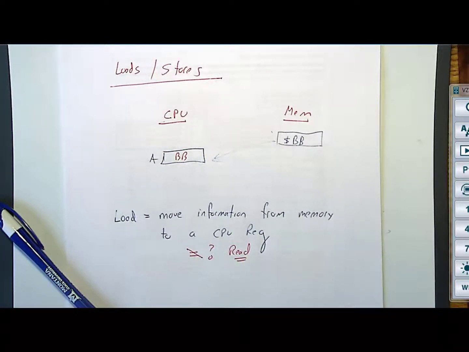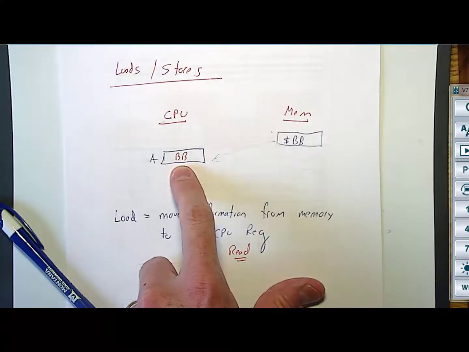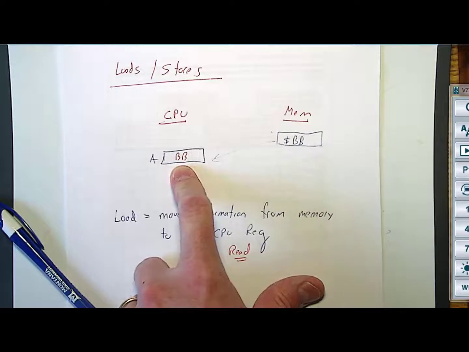Let me quiz you here. If I used immediate addressing, what information is going to go into A? Where is the information that will go into A if I use immediate addressing? It's the operand of the instruction. Okay?